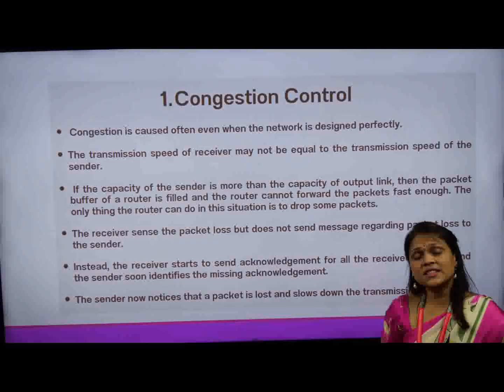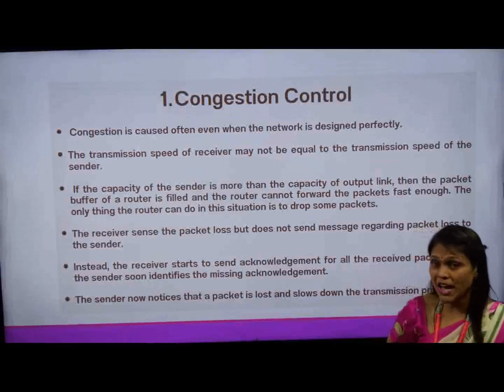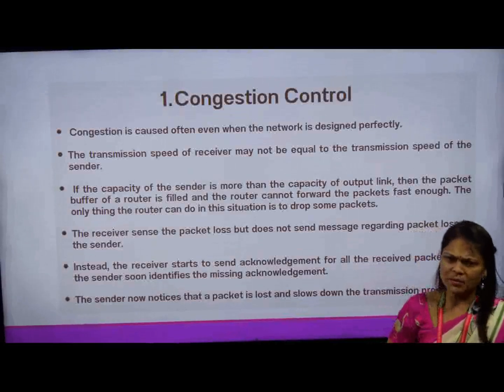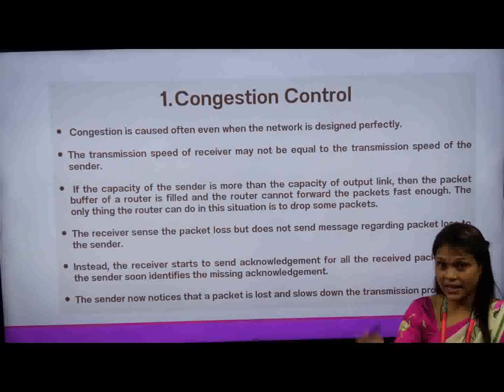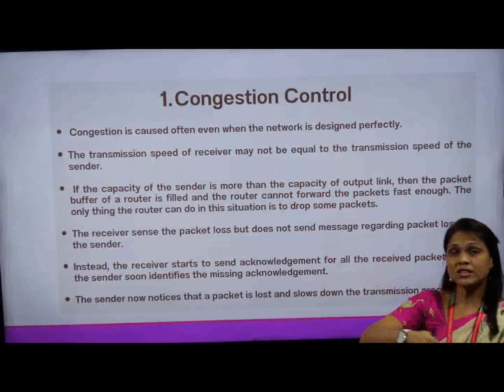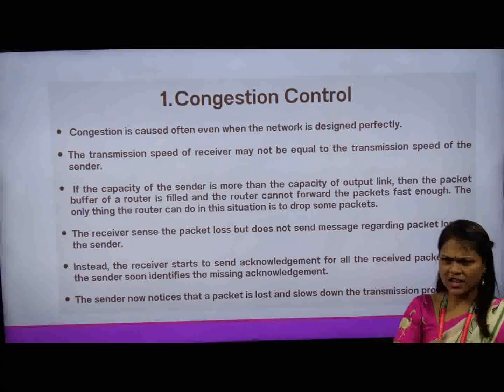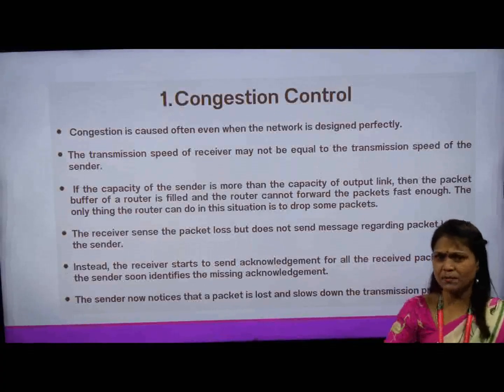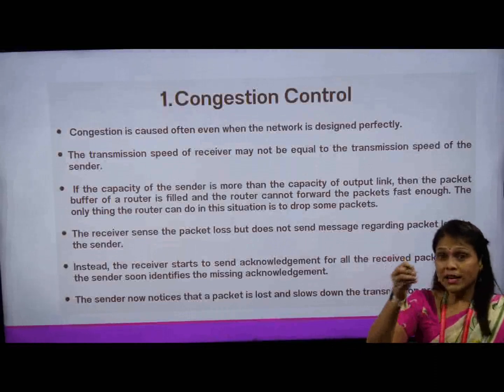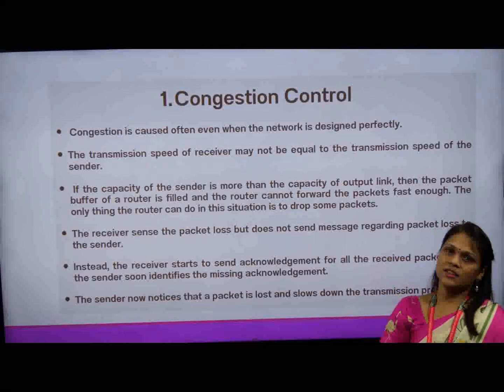Now, what is this negative acknowledgement speaking about? NACK. When congestion occurs, when we are sending more packets, packets will get dropped. We know that. Just now, I have also given a basic example. What about the dropped packets?